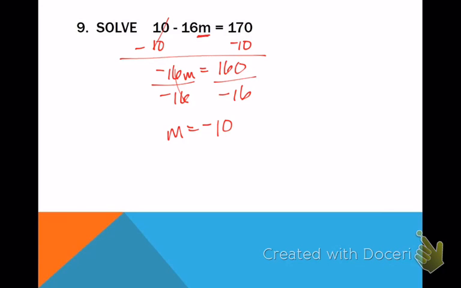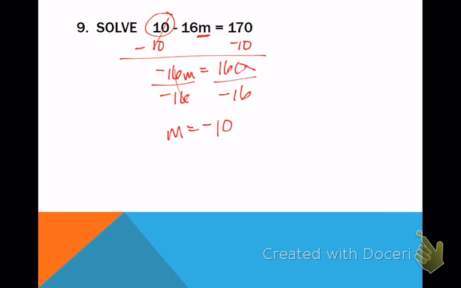We have this 10 out here that we want to go to 0. That way 0 minus 16m is just -16m, and we won't have anything over there except for just the term with the variable. So you have to think about it in those terms, right? How do I zero out 10? Well, I do that by subtracting 10 from both sides. So we're going to subtract 10 from both sides.